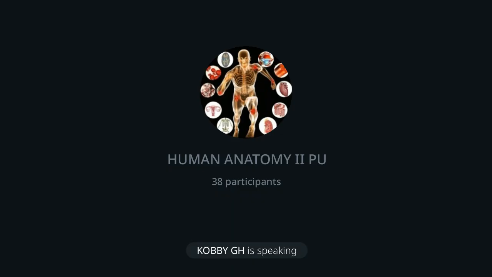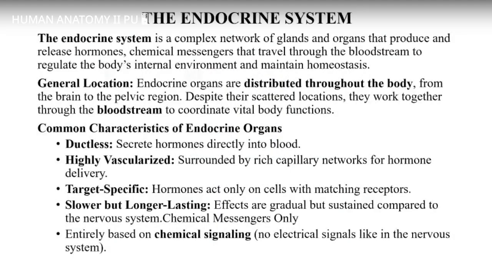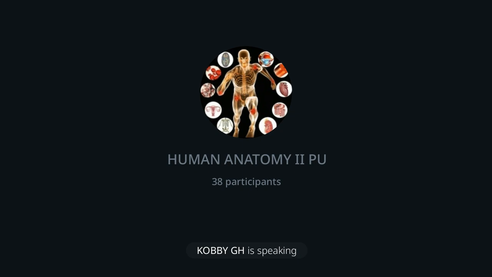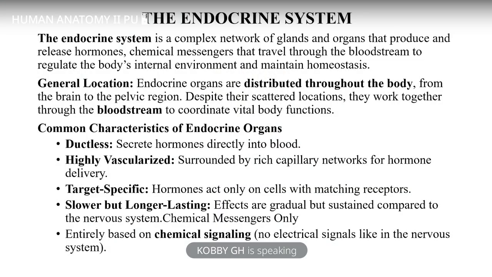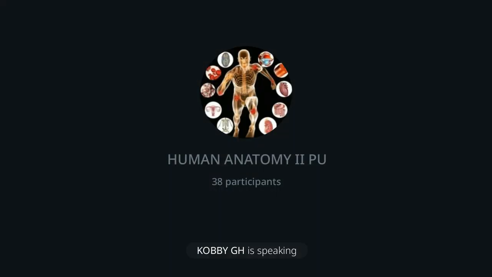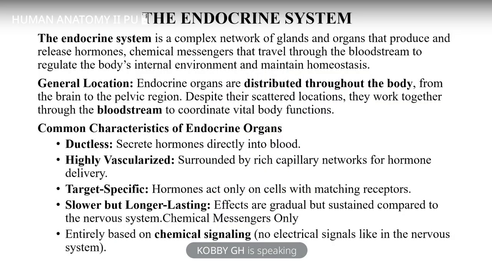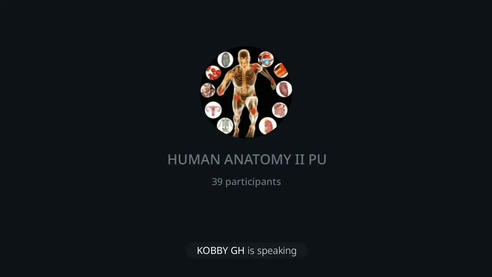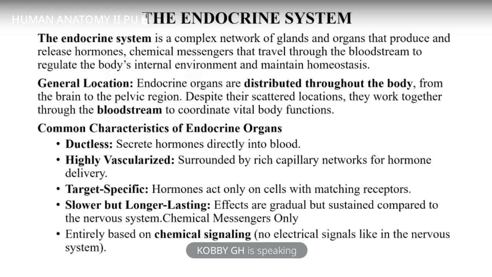Imagine that every hormone produced by every endocrine organ, all cells in your body are receptive to that hormone. There will be chaos and confusion among your body cells. So endocrine organs are target specific, meaning when they secrete their hormones or chemicals, the chemicals target specific cells or tissues, and not necessarily all other cells in the body. That is what we mean by target specific.